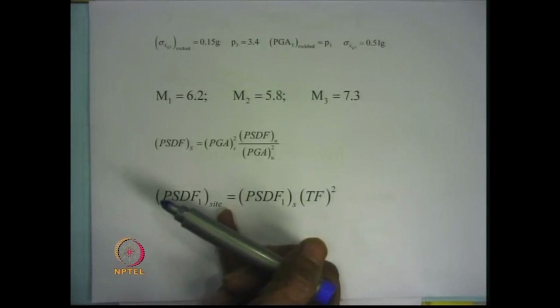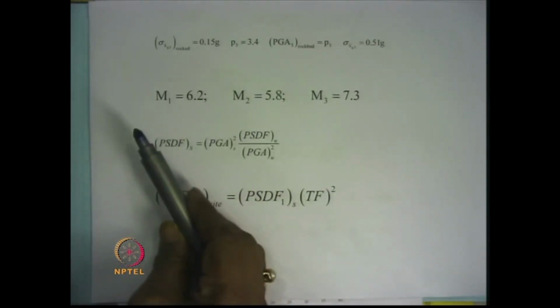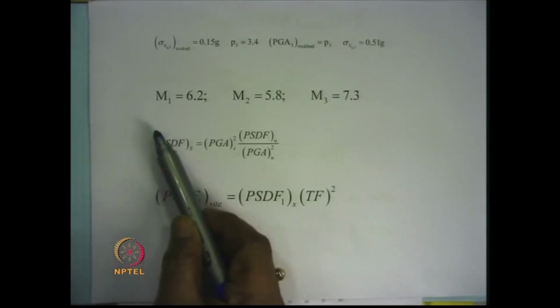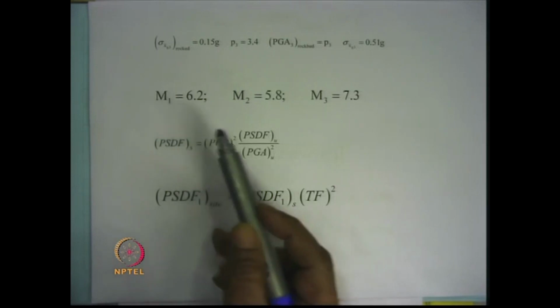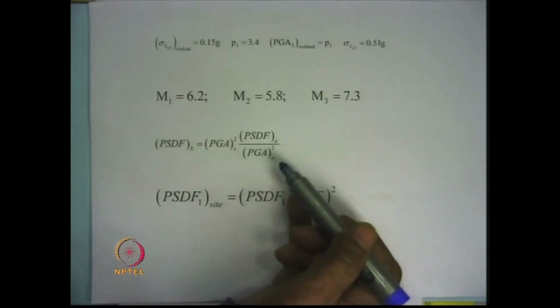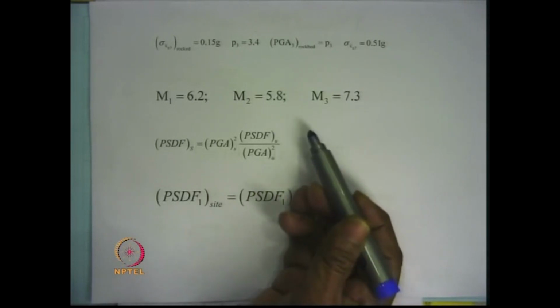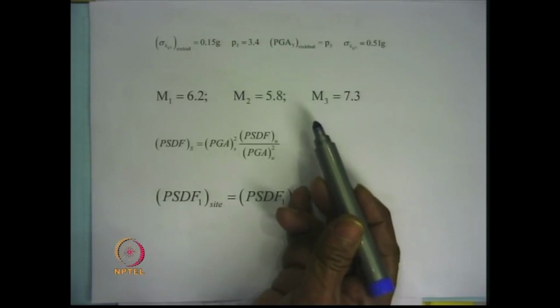So, for that what is done is, again we go back to the attenuation relationship, and in that relationship we put the value of the magnitude as 7 and the epicentral distance as the epicentral distance of the site which is specified.